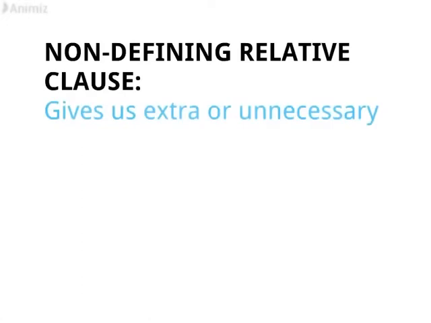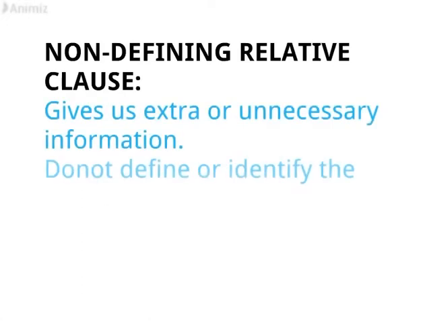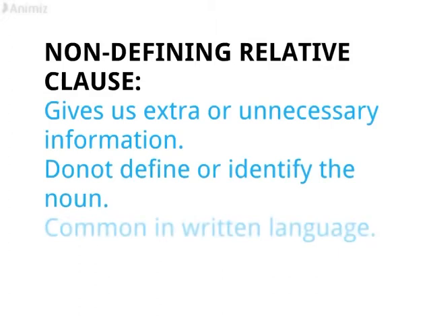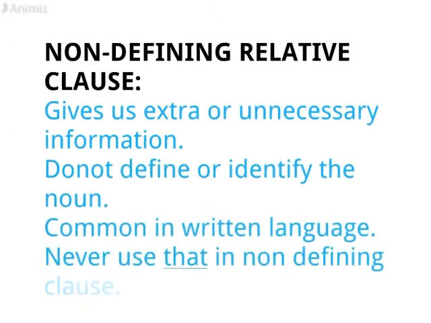Non-defining is just the opposite of the defining relative clause. It gives us extra or unnecessary information, does not define or identify the noun, and is common in written language. Never use that in a non-defining clause. Now these are the points to be remembered.